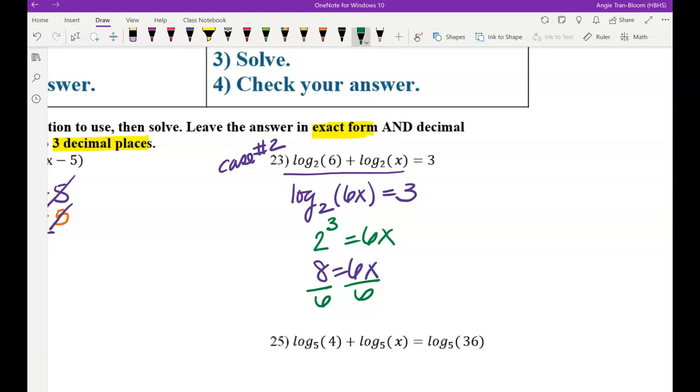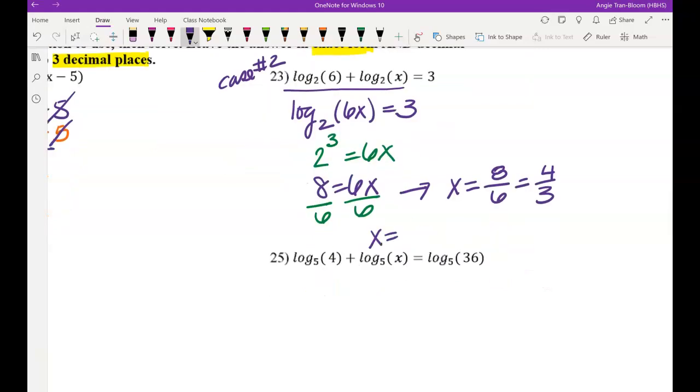So that's going to give us x equals 8 over 6, which is reduced by dividing by 2, so 4 over 3. So the final answer is x equals 4 divided by 3. Now, if you use a calculator to give the decimal approximation, it should say 1 point, and then you have a third, so 3, 3, 3. So both exact and decimal approximation.